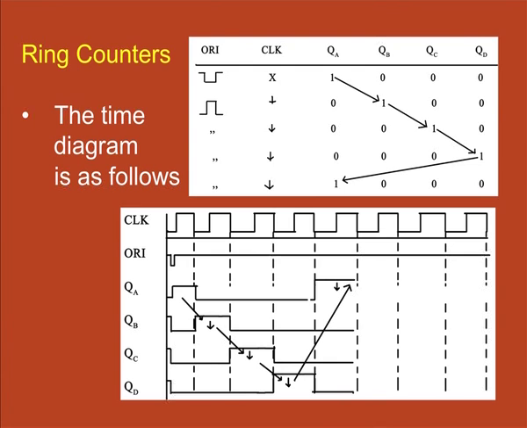The clock signals also show the same kind of feature that you can see in a circle, or when things move in a ring. So, that is why this is called a ring counter.